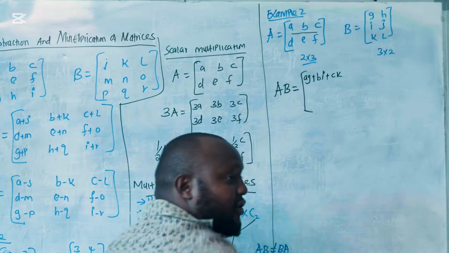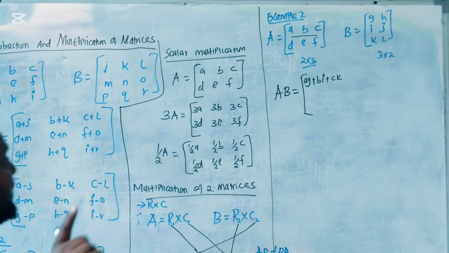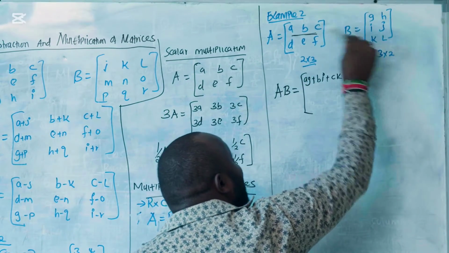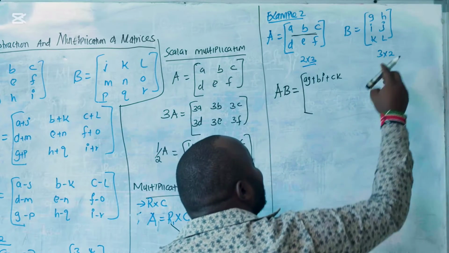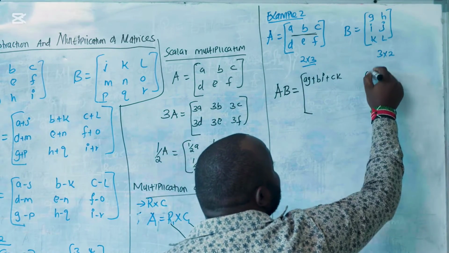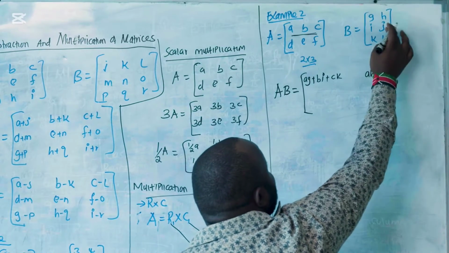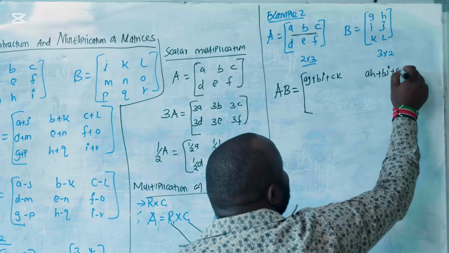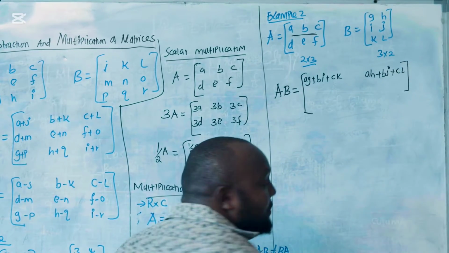The moment a row and a column finish, that's where you get one value. So the same row must multiply the second column to get our second value on the first row. So it will be AH plus BJ plus CL, to get one value.